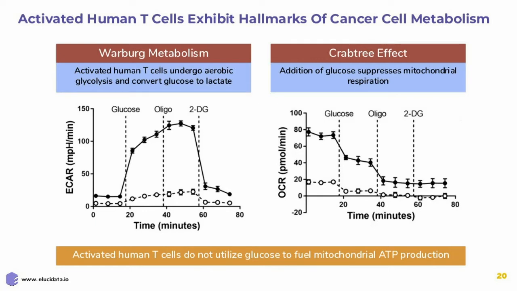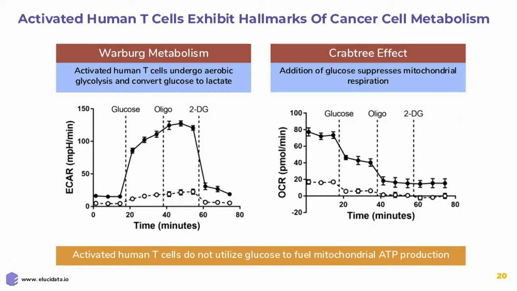And so what you can see over here is the extracellular acidification rate, which is a proxy measure for the amount of glycolysis that the cell is undergoing, aerobic glycolysis, in which glucose is taken up, but a substantial amount of that is then secreted as lactate, which leads to the acidification of the media.